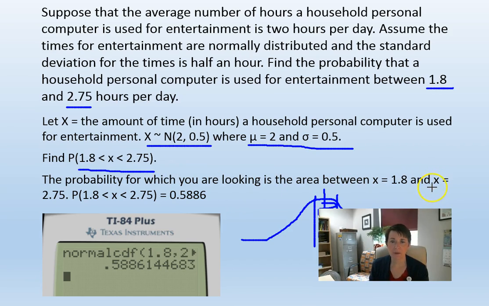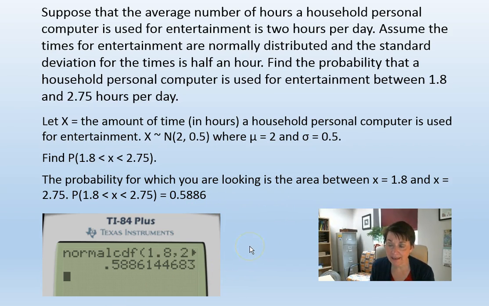So the probability that we're looking for is right in between here. And how do I get this number? For my probability, I start off with my lower limit. This time I'm not interested in the area all the way negative. I am interested in that area in between.